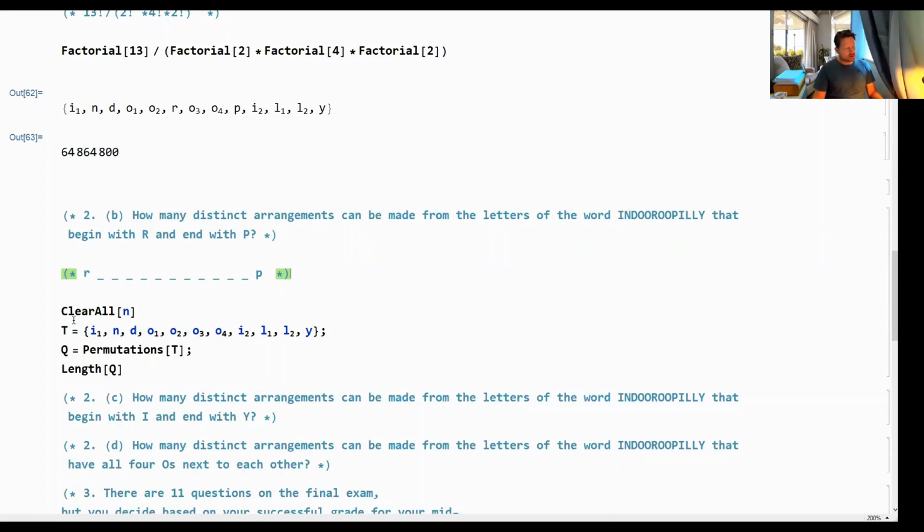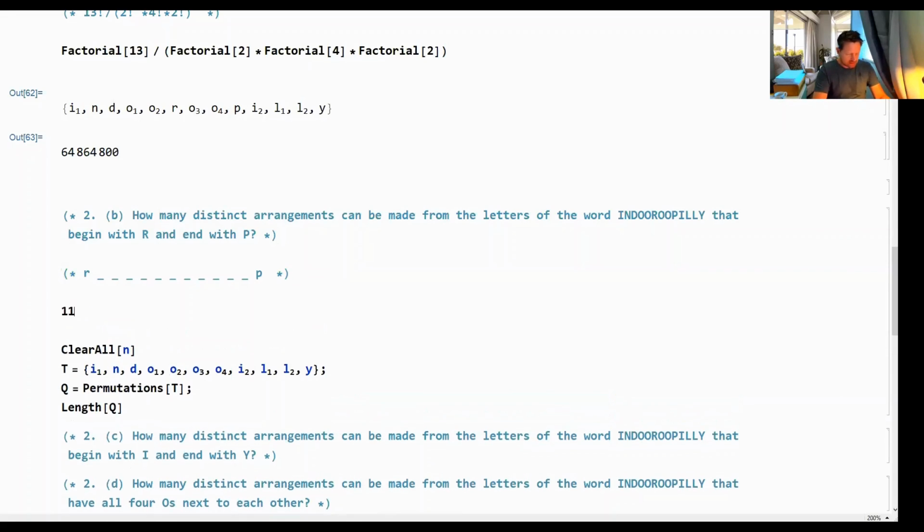And so in that calculation, what I'm doing then is calculating 11 factorial and then dividing by 2 factorial, 4 factorial, and 2 factorial, because we still have the L, the O, and the I's repeated, right? Except this time we have only 11 letters to shuffle up here, okay?